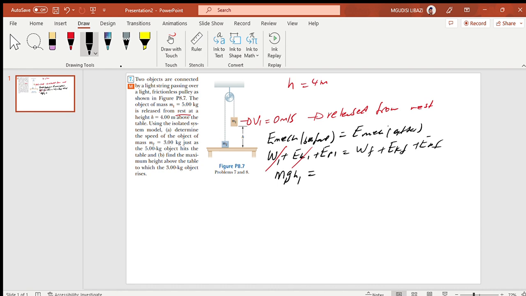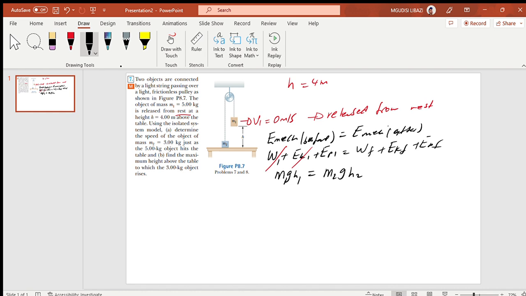This is equal to, finally, potential energy m2 g h2, which is the potential energy of box 2 finally, because the box m2 will be at the height where box 1 was. And we don't have potential energy this time for m1 because it will be at 0 elevation. So what about kinetic energy?